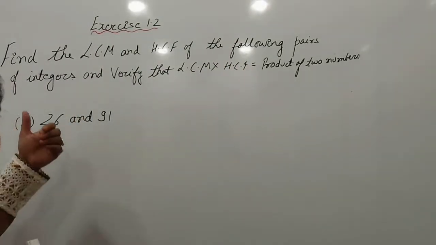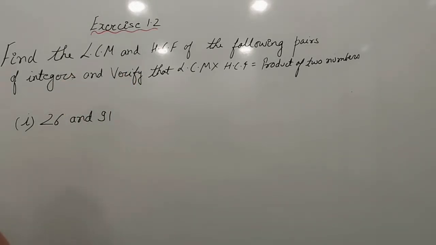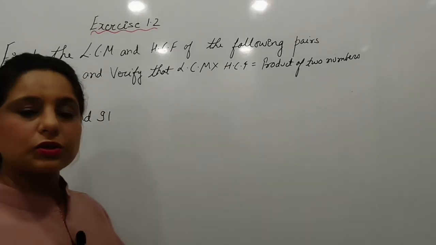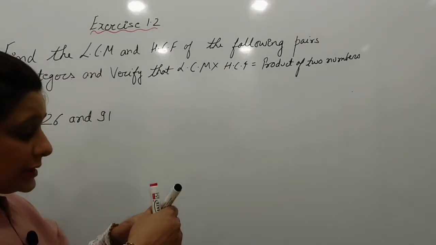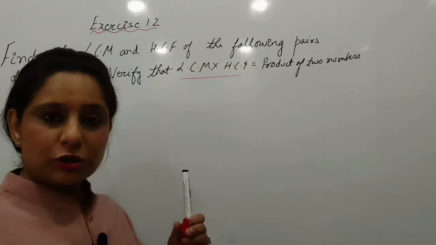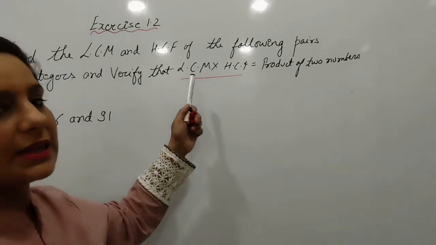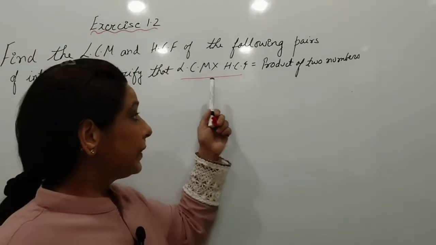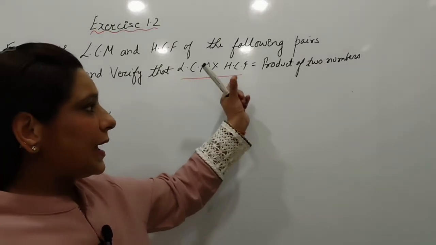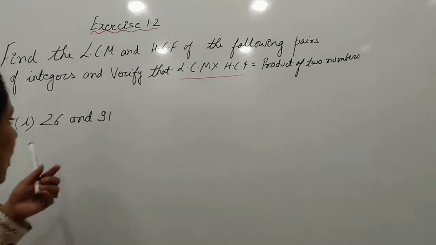Now the question is: find the LCM and HCF of the following pairs of integers and verify that LCM times HCF is equal to the product of the two numbers. This is already taught to you in, I suppose, 5th standard. When you take the HCF, you also take the LCM of the same numbers, and then verify that the LCM multiplied by HCF gives the product of the two numbers.